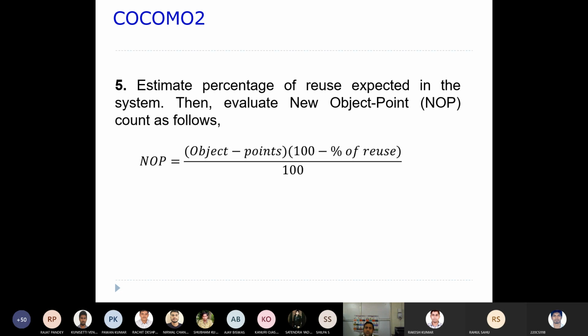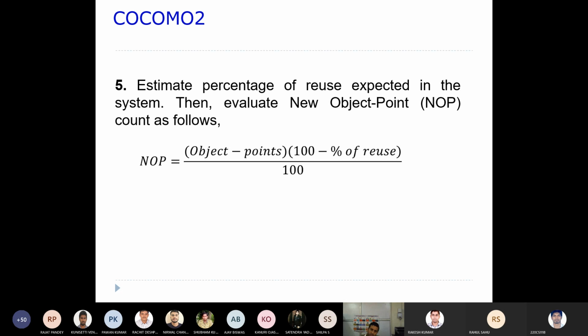Certainly you want to reuse a certain percentage of the system, whatever system you are calculating for. You will have a certain percentage of reusability. By taking this, you now try to calculate the new object point.